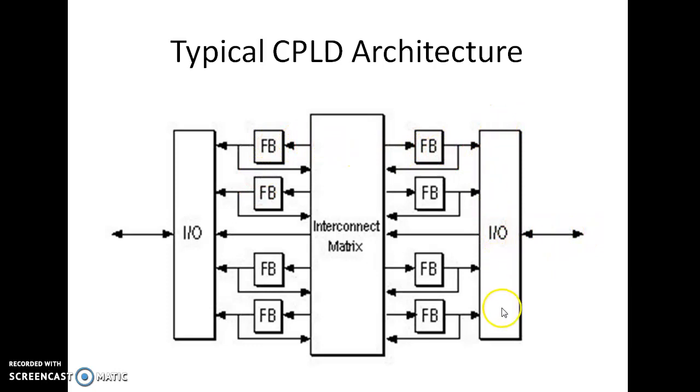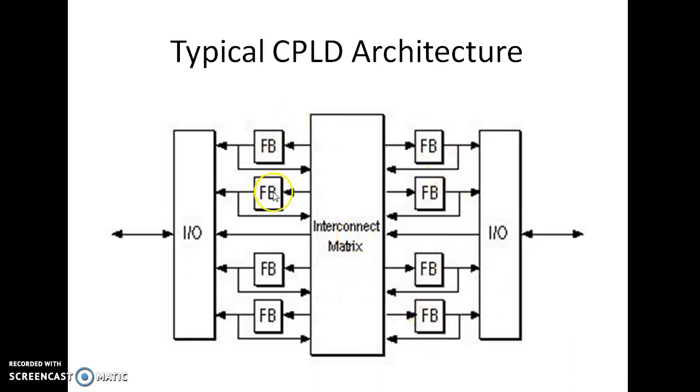So at the two ends there would be IO blocks, which are nothing but input and output blocks, and FB means functional block. The actual logic operation is done in these functional blocks, right? So this is a typical CPLD architecture, where at the ends it consists of IO blocks, and in between the IO blocks and interconnect matrix there would be function blocks.